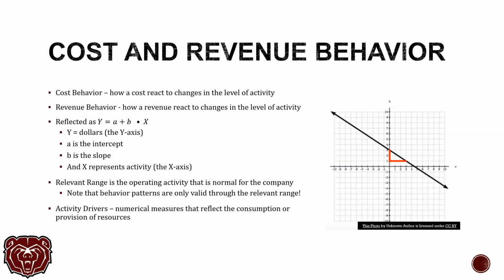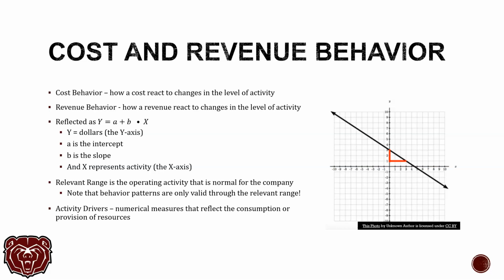One thing that is very important to note here, and I would ask that you really try to focus on this, is the relevant range. The relevant range is the operating activity that is normal for the company. Let's say you are a producer of cakes. I've got a friend that runs a bakery, and she produces maybe 50 cakes a week, right?